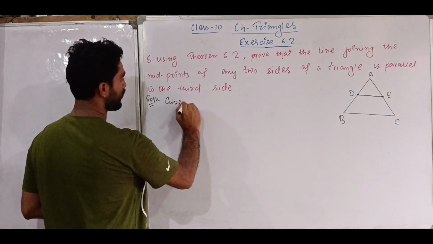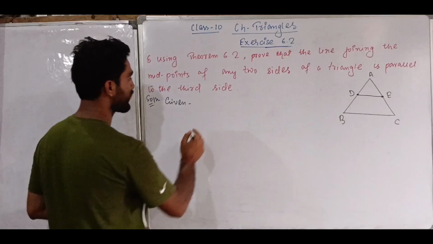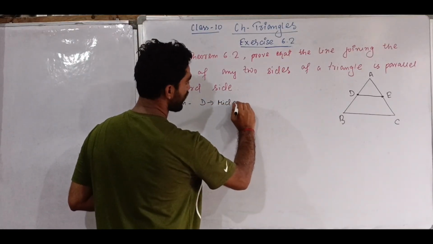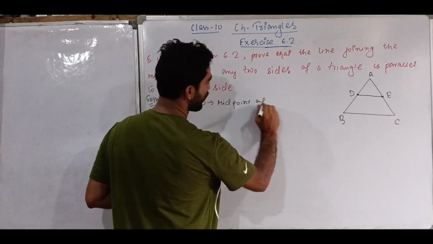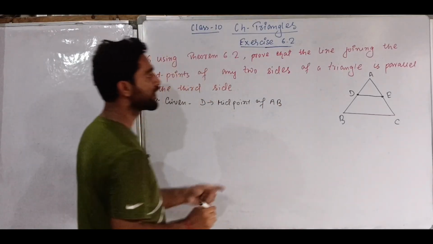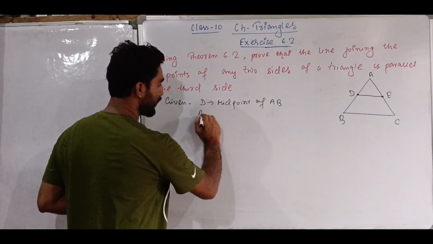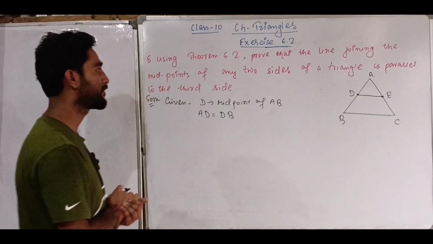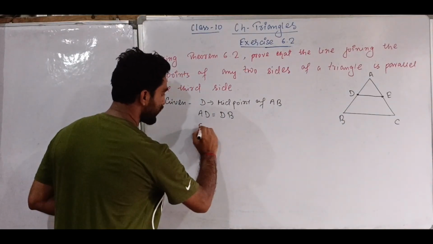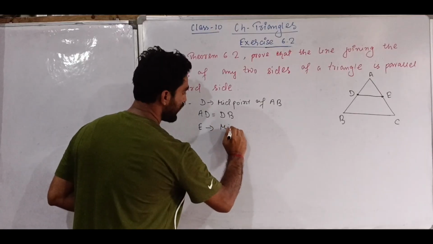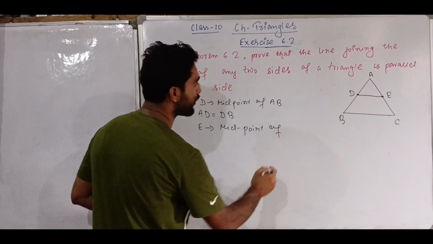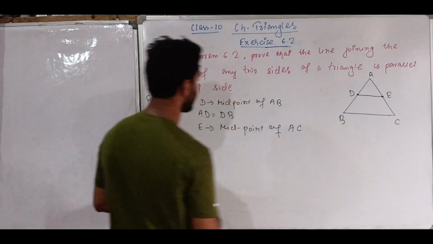So, what is given in the question? First information given: D is the midpoint of AB. If D is the midpoint of AB, we can write AD distance will be equal to DB distance. Also given, E is the midpoint of AC.